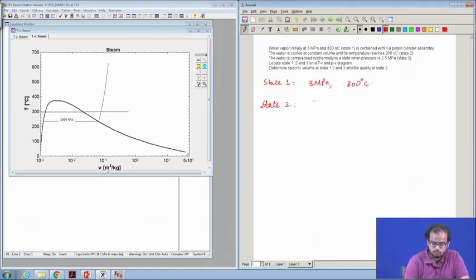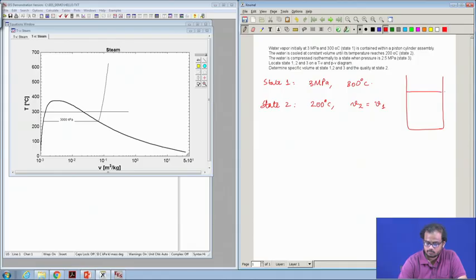State 2 is 200 degrees Celsius and V2, the specific volume, is equal to V1, because there is no escape of mass. So, in a piston cylinder arrangement, the mass is fixed, and so because the total volume remains constant between states 1 and 2, the specific volume is also constant.